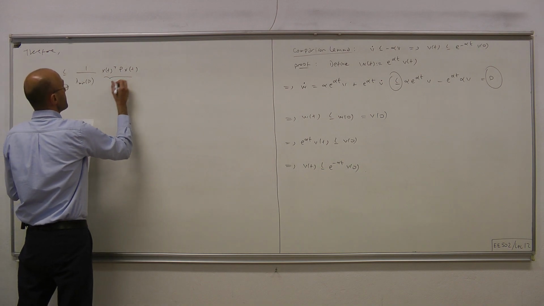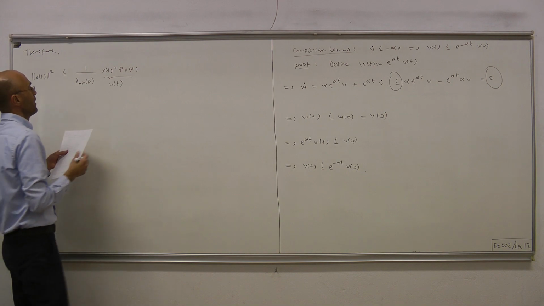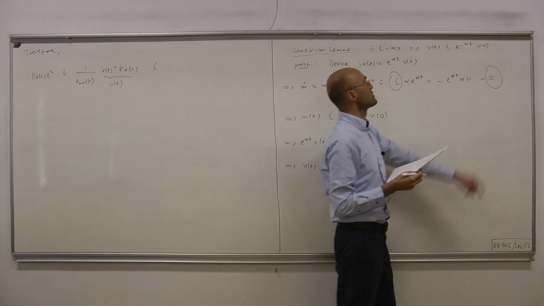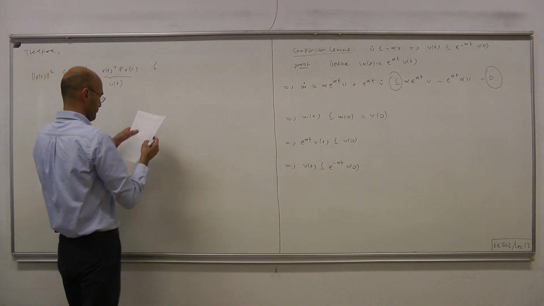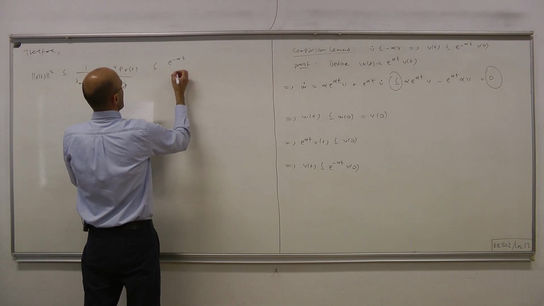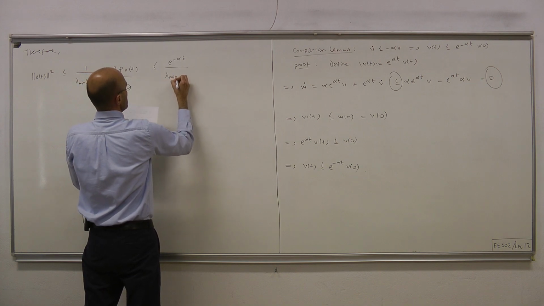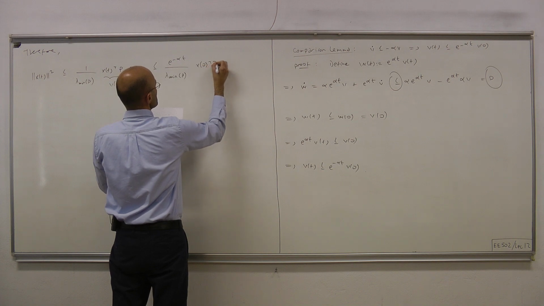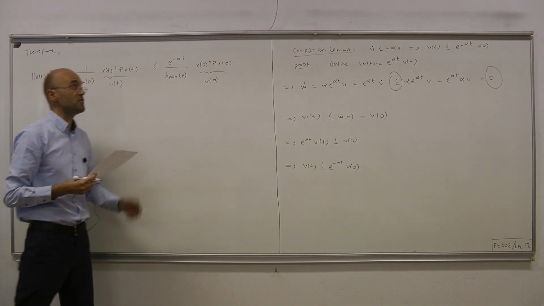This thing here is what we defined as v of t, and v of t is less than or equal to e to the minus alpha t times the initial v, v0, and here we have lambda min p, and here we have x0 transpose px0. This is our initial v, v0.